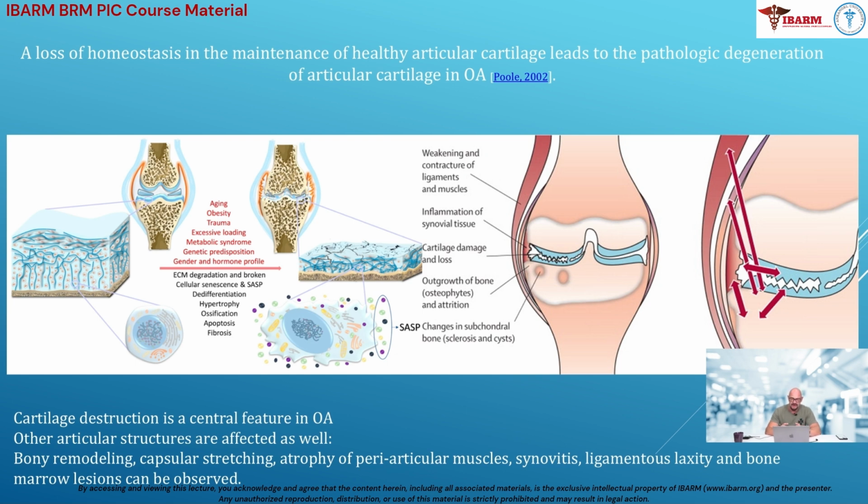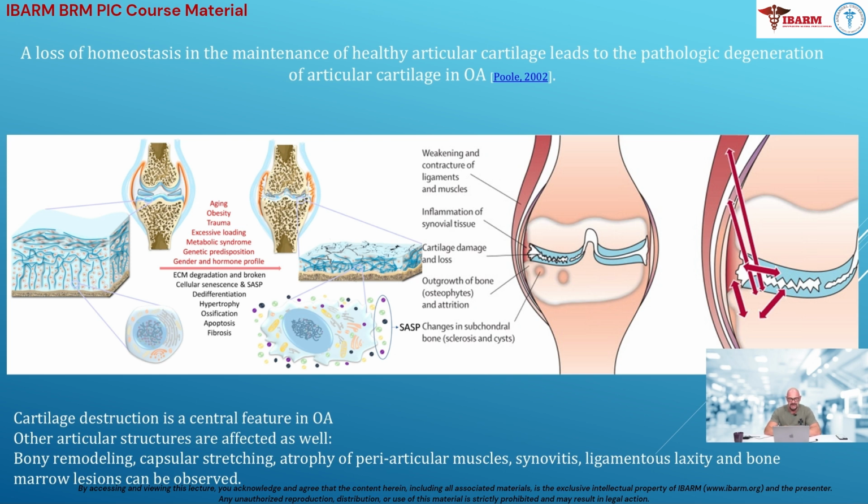It's the atrophy of the periarticular muscles, muscles that are covering the joint from 360 degrees, basically, providing also partially the stability for the joint. So the atrophy of these muscles will further contribute to the osteoarthritis. Synovitis and ligamentous laxity are also contributing factors to the osteoarthritis.